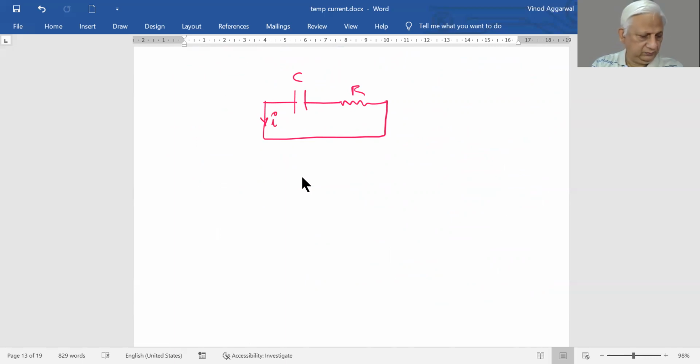Then the drop across this resistance will be totally on account of the voltage that the capacitor is carrying at that time.